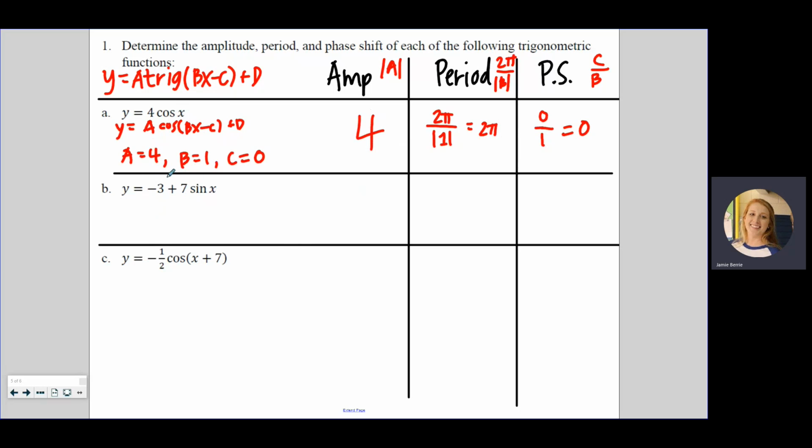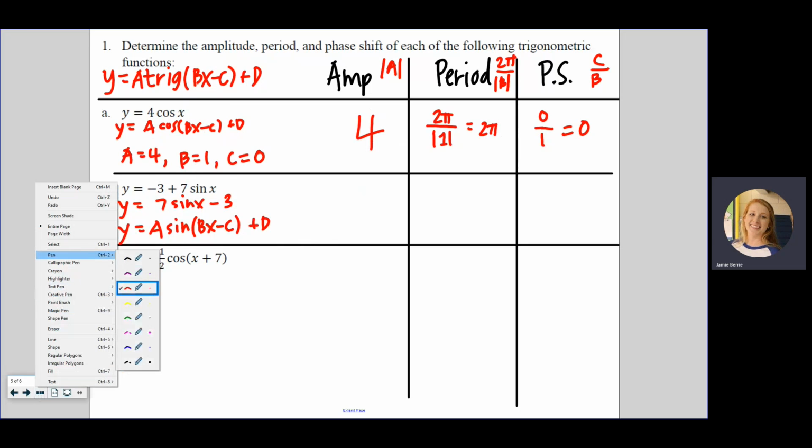All right, here, I don't really like the way this one's written, but your book will write them like this sometimes, or your homework will write them like this. So if I was you, if I saw this, I would go ahead and just switch the order and put that -3 at the end. That's going to make it more closely resemble our formula. So we would have y equals a times, in this case, sine of bx minus c, and then plus d on the end. Now, don't let this part confuse you.